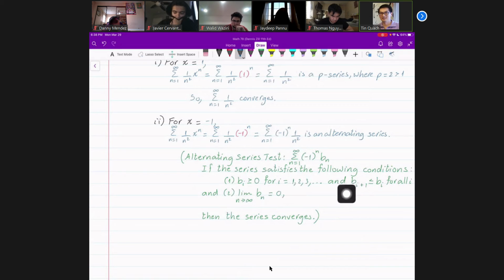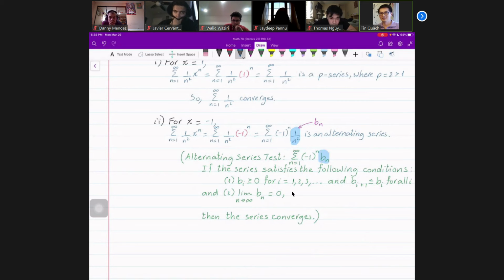So it is positive and also decreasing. And then condition 2, the limit of b sub n is 0. So in this case, b sub n is this one. That is the b sub n that we are talking about.